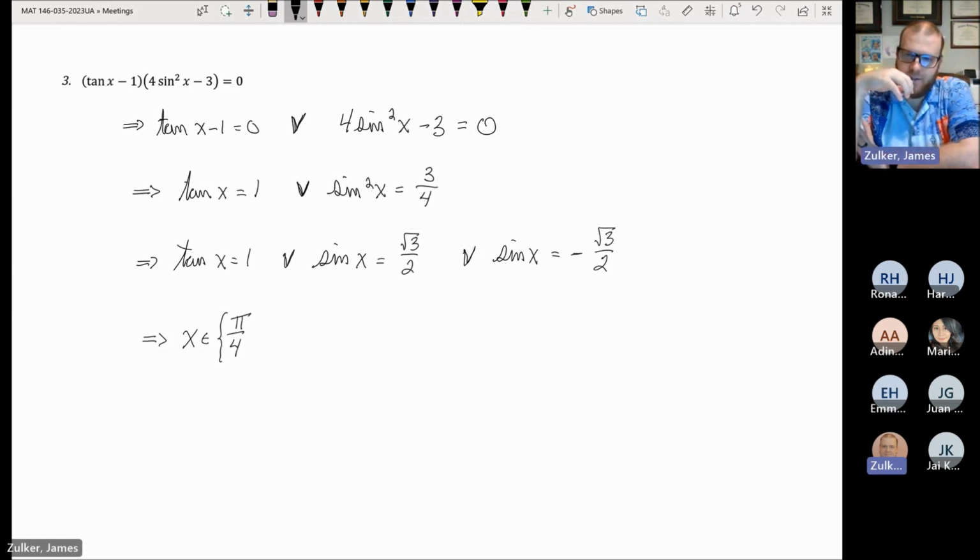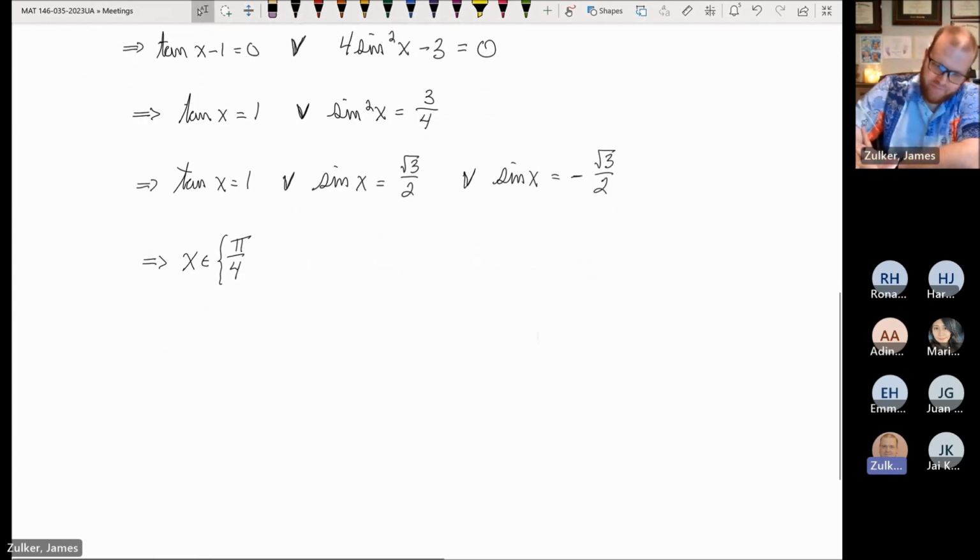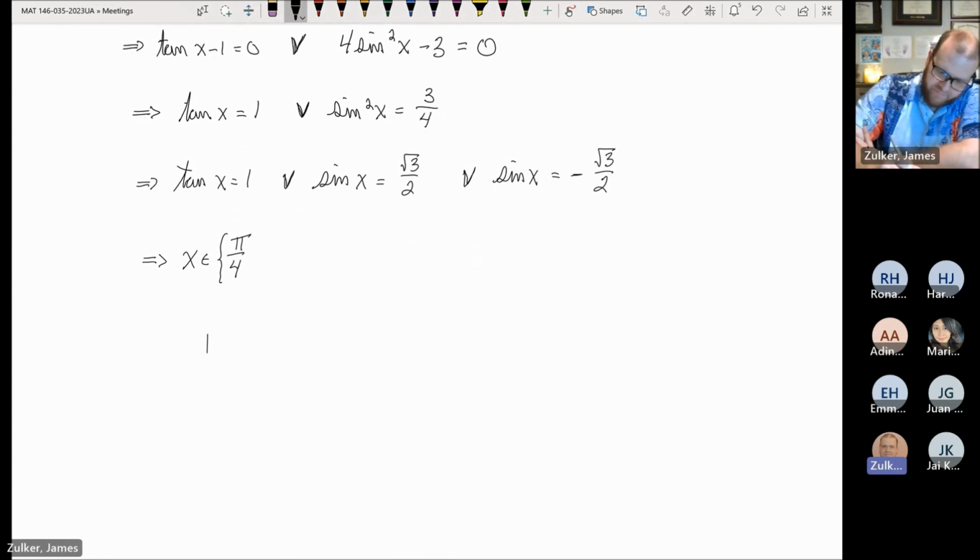All right, so you have to ask yourself, what quadrant are we going to be in? Oops.